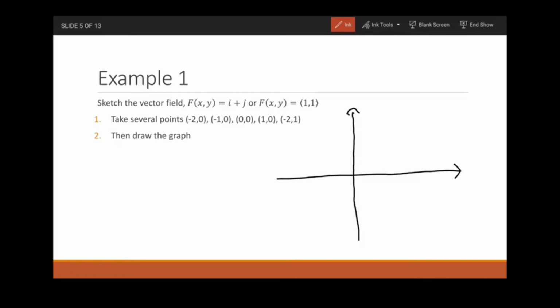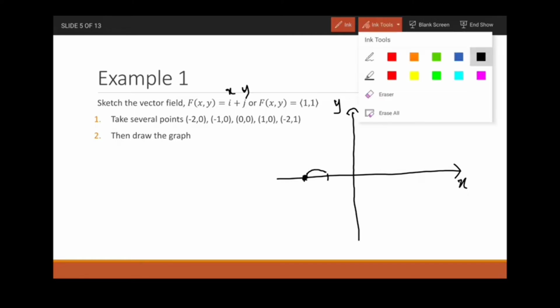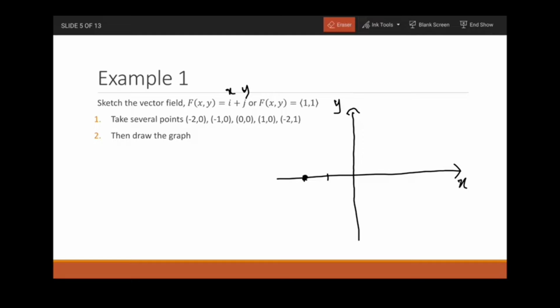This is the x and y axis, and these are the values for x and y. I'll take one point, for example this point, negative 2, 0. Then go one step to the right.